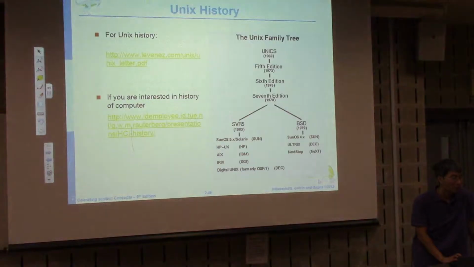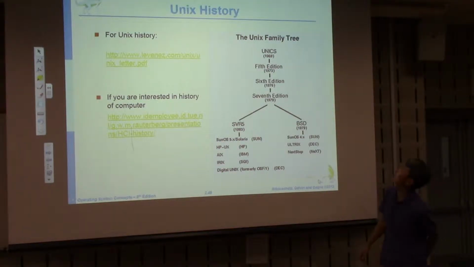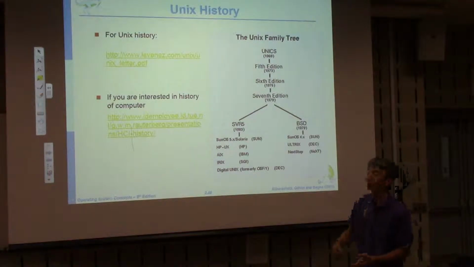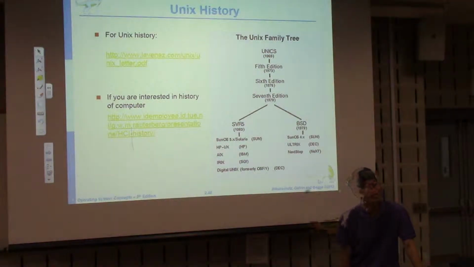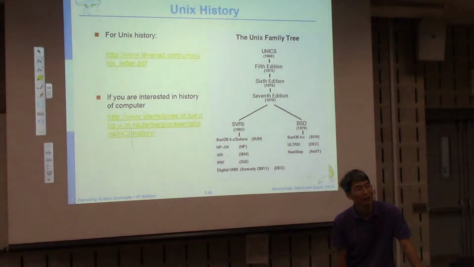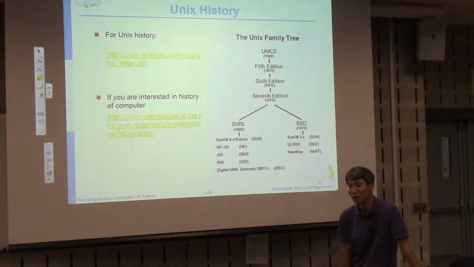So this is a history of the Unix system. So 1969. What happened in 1969? Neil Armstrong went on the moon for the first time.